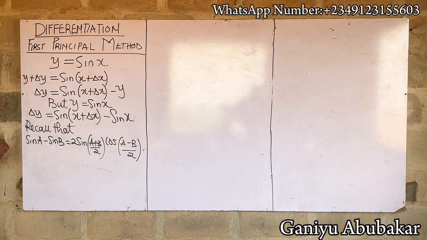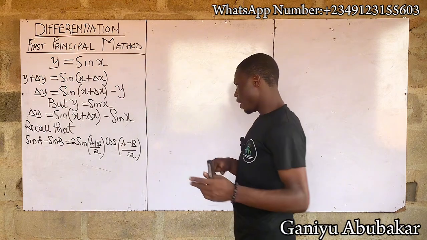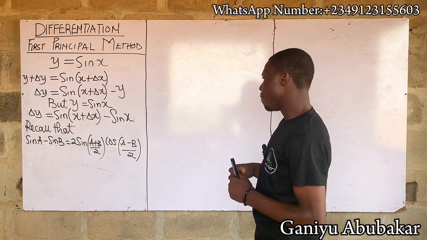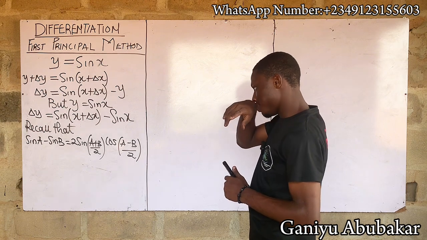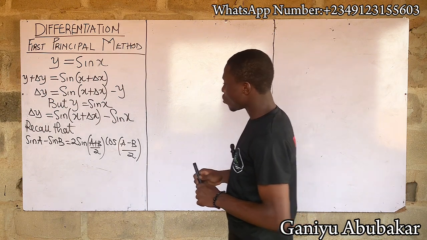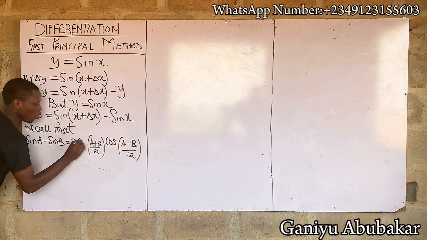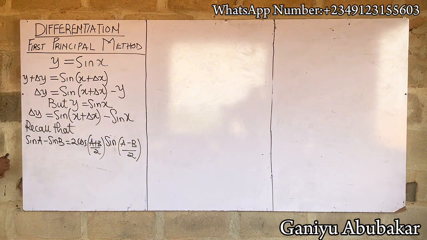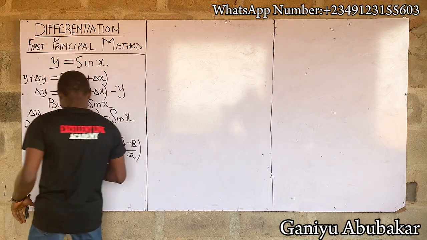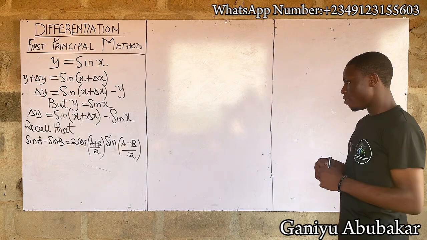This becomes a concept of trigonometry, right? So I have this expression here for sine A minus sine B.